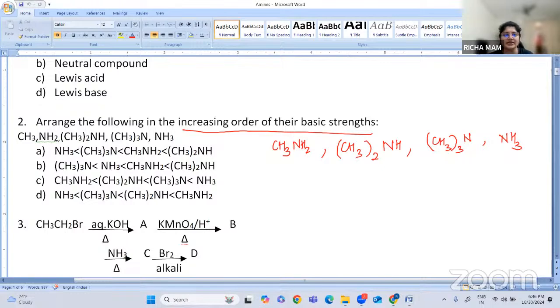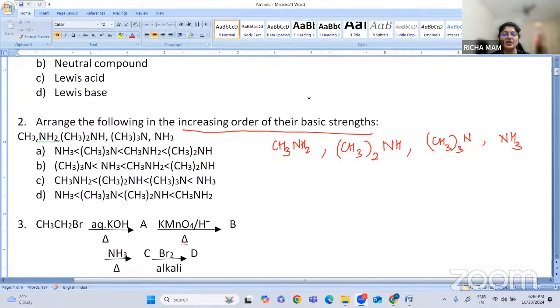Sri Varuni has answered it as A. Others? Karima has answered as C.